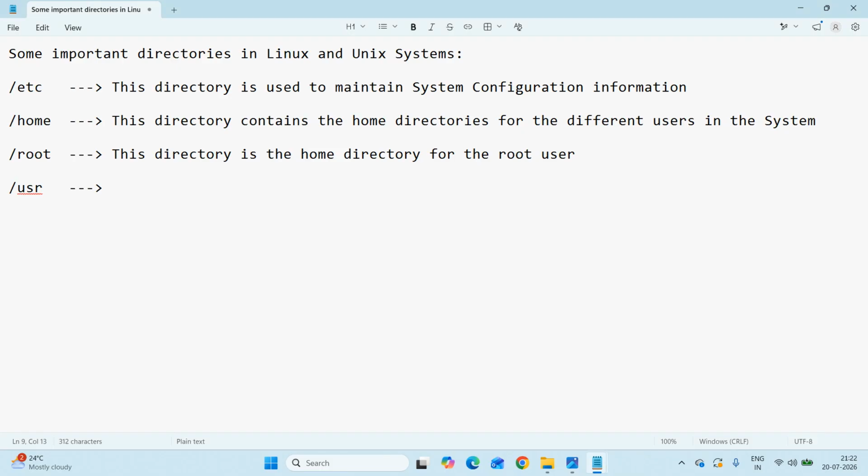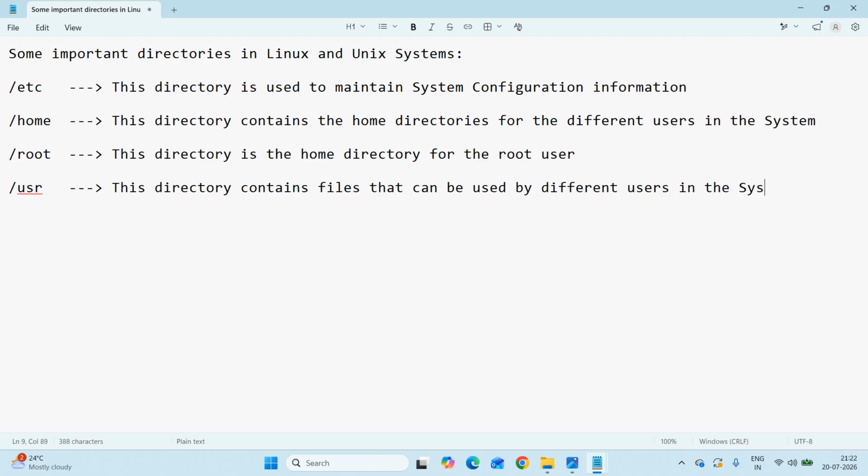The purpose of this directory is this directory contains files that can be used by different users in the system. Please do not worry about the purpose of these directories at this moment, people. For now, please understand that the directory hierarchy in Linux and Unix systems will look like this, and I am just writing a little bit about some of the important directories in Linux and Unix systems.